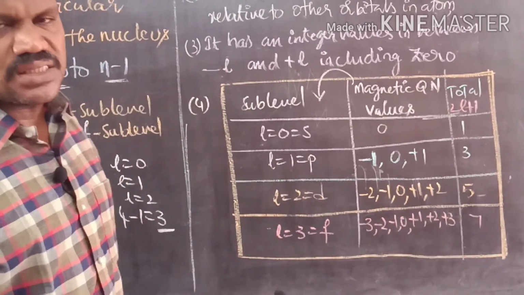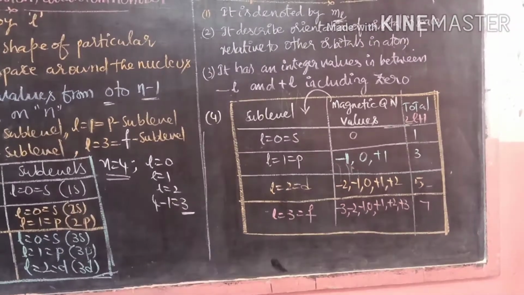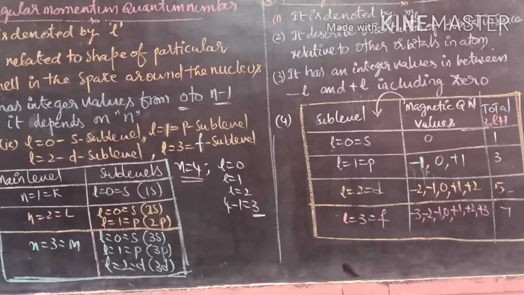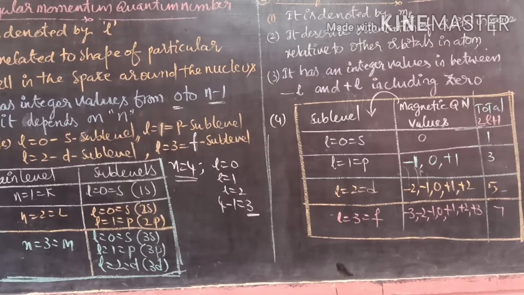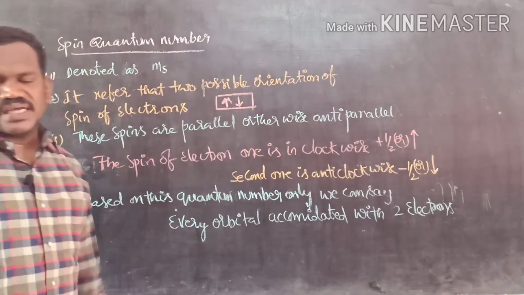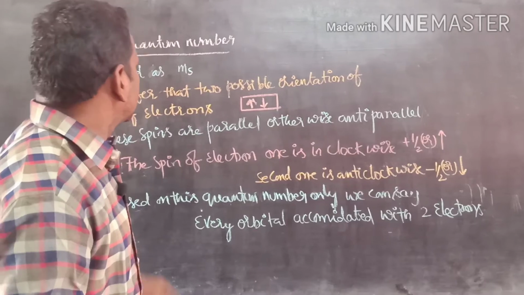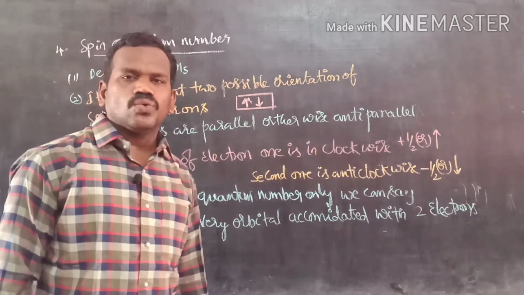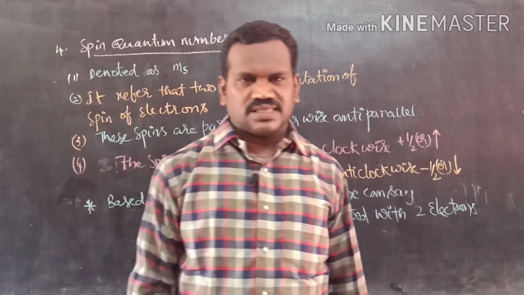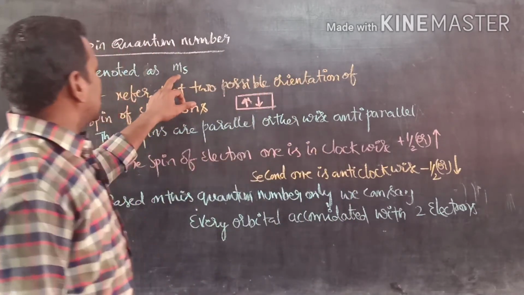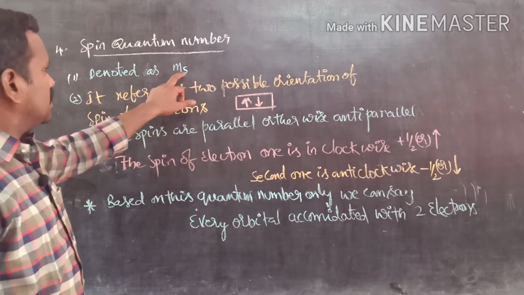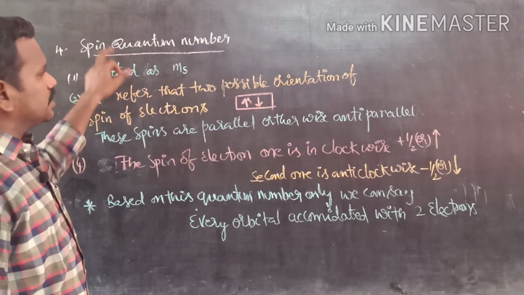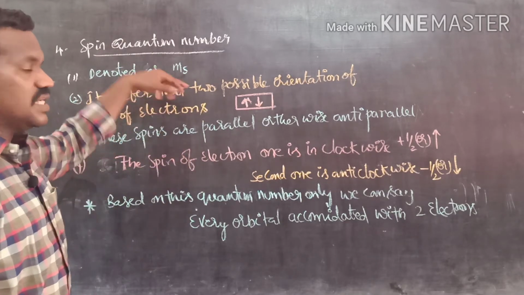Let us discuss the spin quantum number. The last, fourth quantum number, the spin quantum number. It was discovered by Uhlenbeck and Goudsmit. It is represented as Ms. Here S stands for spin and M stands for magnetic.